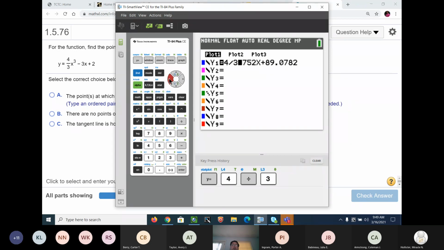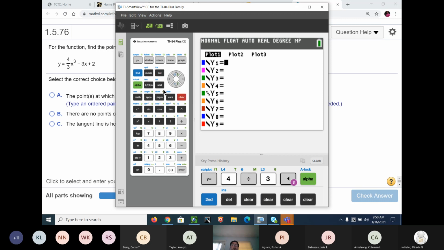I'm going to put that in parentheses. Second insert, and that's just me. Okay, I must have hit something. Okay, let me just hit clear. All right, let me try this again.